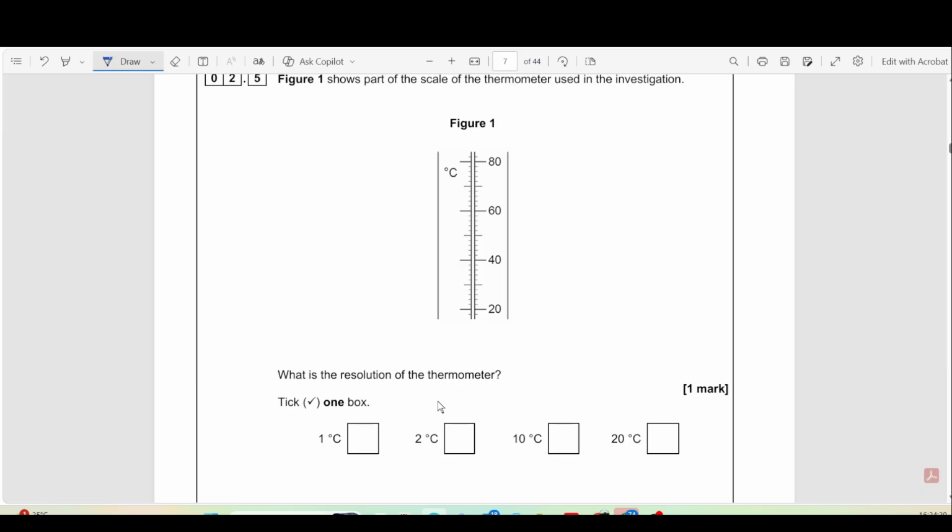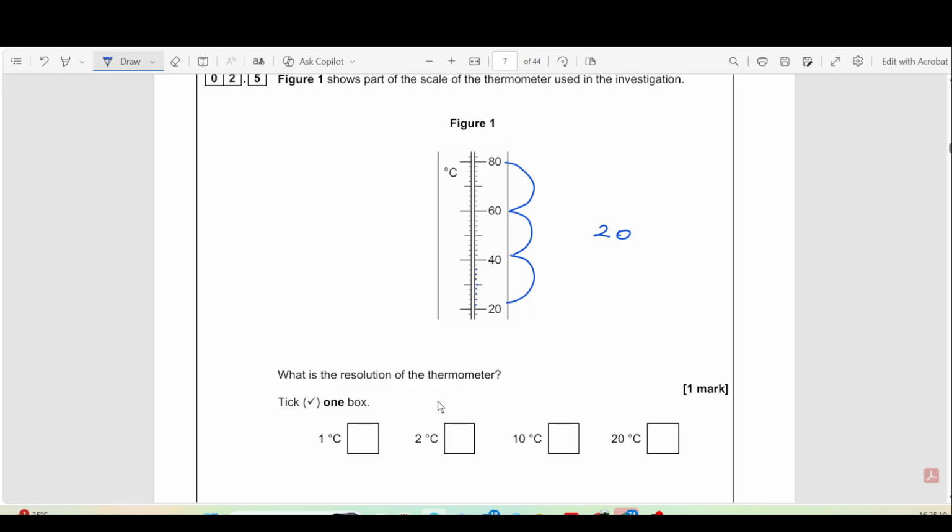So there are markings for every 20 units. 20, 20, it is increasing by 20, right? So basically, as you go from 20 to 40, the intervals are 20, right? Then you count the divisions, between these two, how many divisions are there? There are in total, if you see, 1, 2, 3, 4, 5, 6, 7, 8, 9, 10.